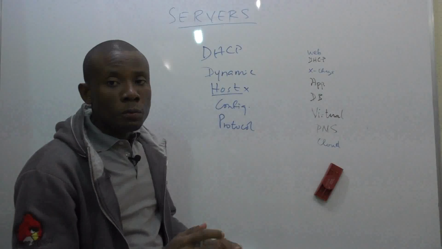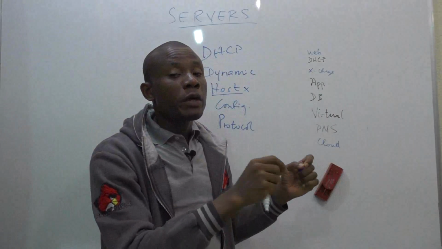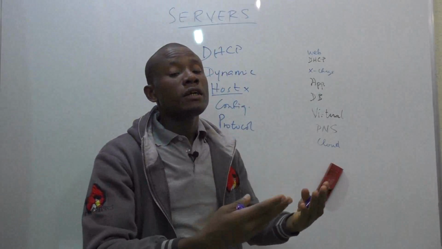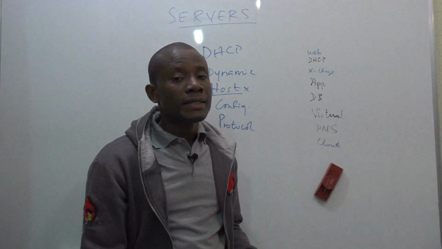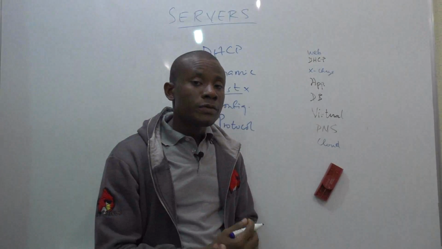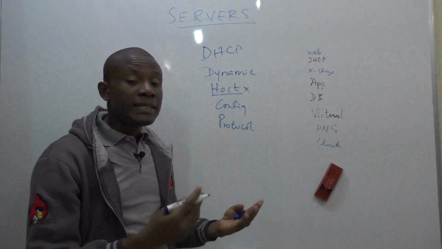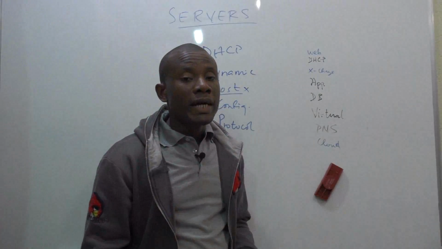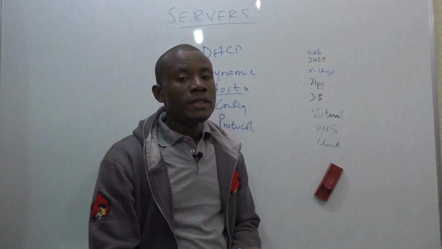So if you plug in a computer to the network, the DHCP server recognizes that you've plugged in a computer on the network, and it automatically configures it, assigns it an IP address, a subnet mask, and a default gateway for it to be able to communicate on the network. So DHCP server is used to automatically configure computers on the network and assign them necessary IP addresses.